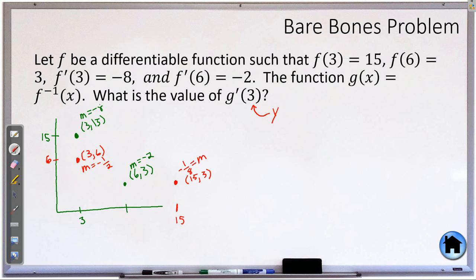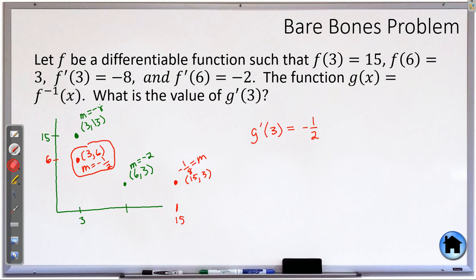Now, which one do they want? Well, they want the inverse at 3. So that will be the inverse at 3 right here. And they wanted the derivative of that inverse. So g prime at 3 is equal to -1/2.